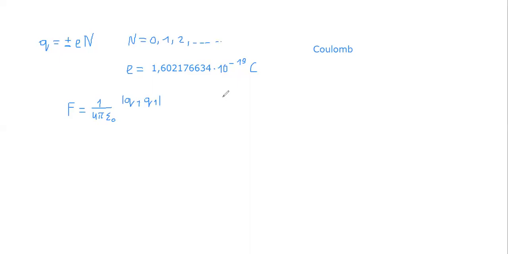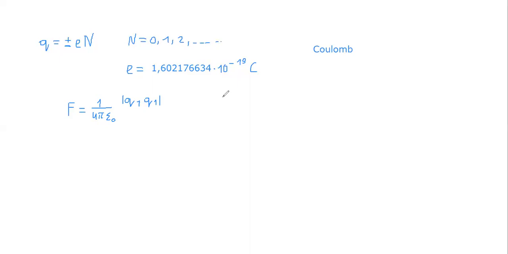As you can remember, in mechanics we have learned the material point. A material point is a mass concentrated in one point. And in electricity and magnetism, we are learning the point charge.